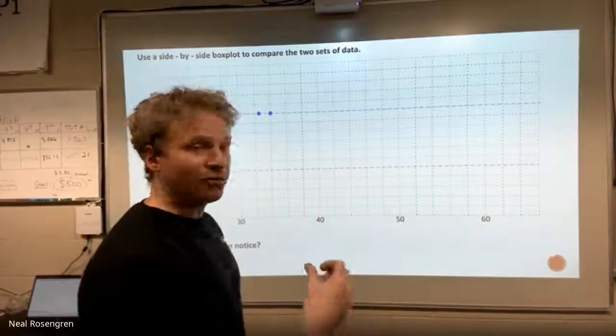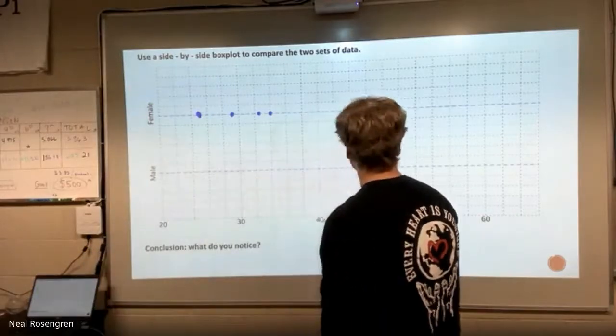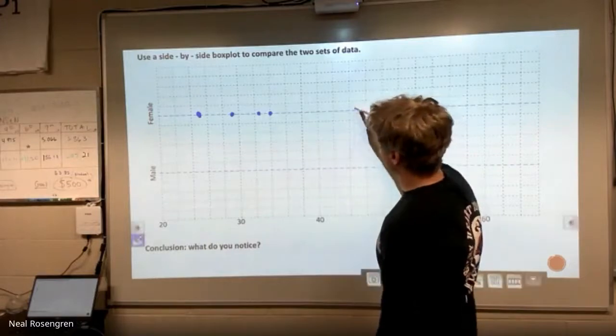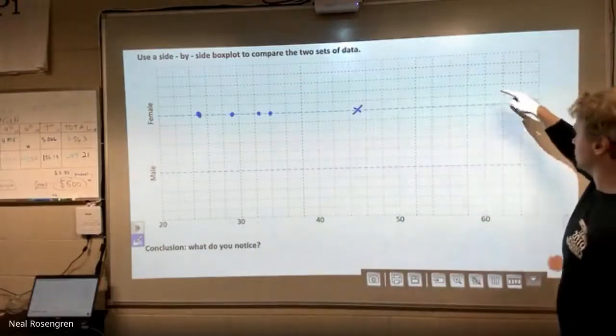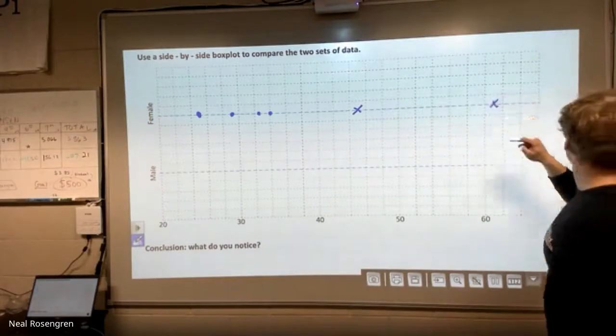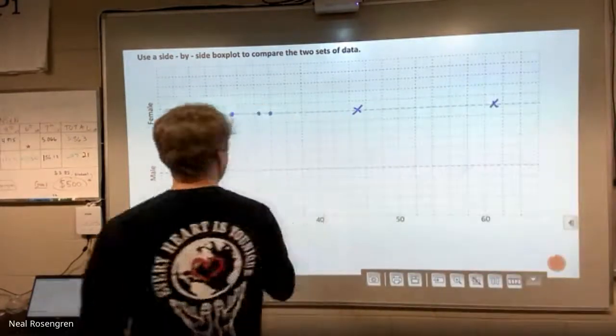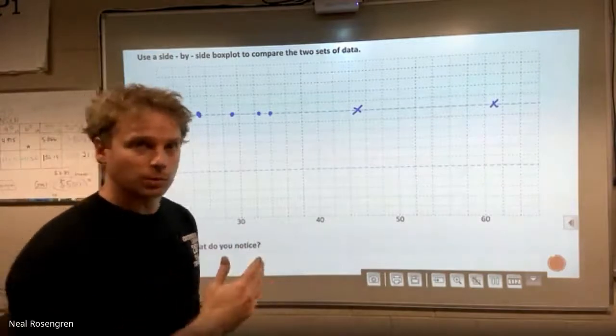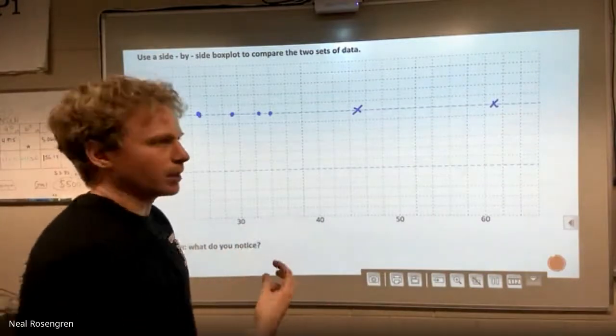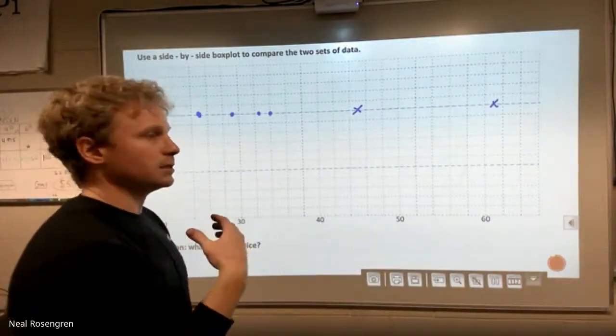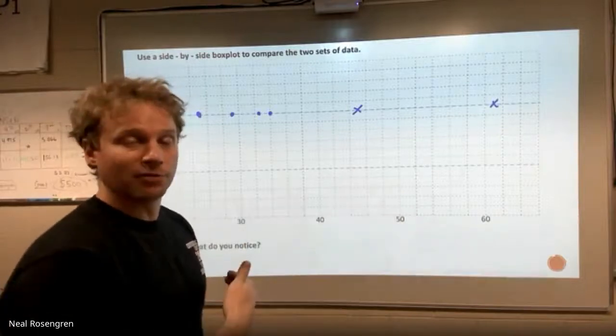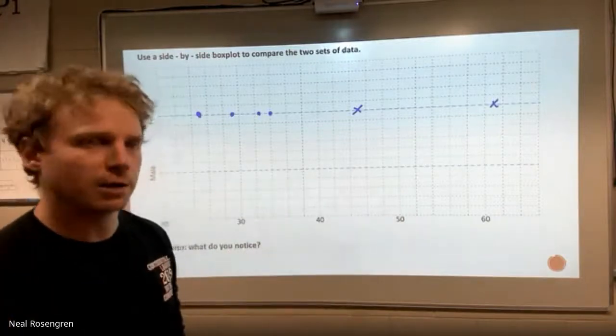So that 45 spot is an outlier. So I put an X there. 61, that's an outlier, so I put an X there instead. Remember, our new maximum, when we do these modified box plots, is that next number down from that 45, because that was just too big compared to everybody else.